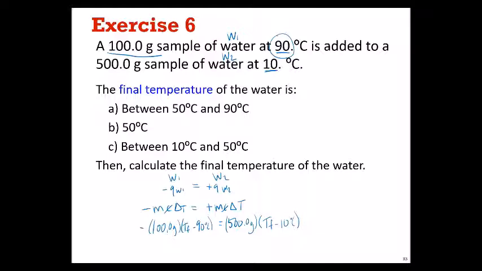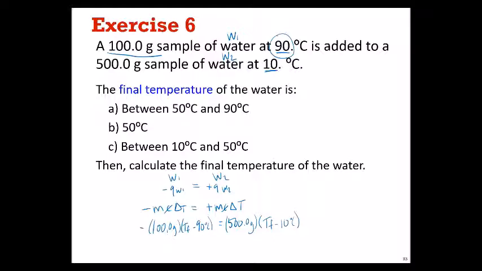Although, if I'm just eyeballing this, I could probably figure out which choice, A, B, or C, to choose. Looking at it, which one do you think it's going to be, A, B, or C, without doing the math part of it? Should be C, because the colder water, there's much more of it, right?